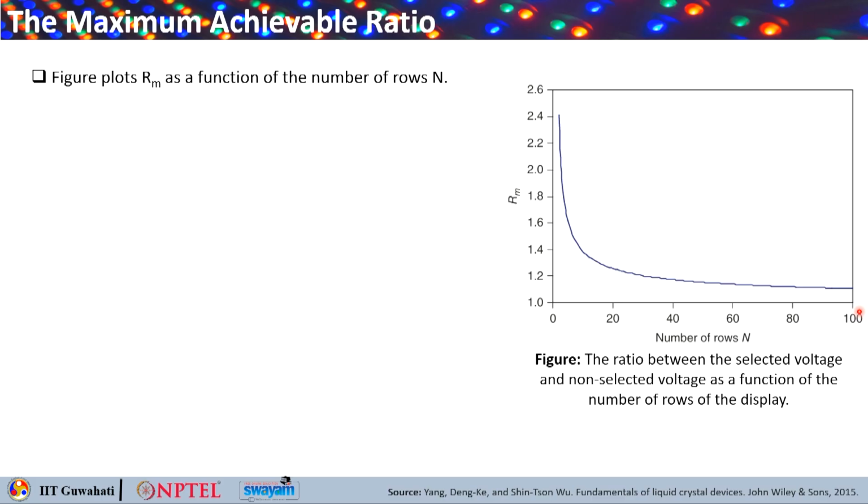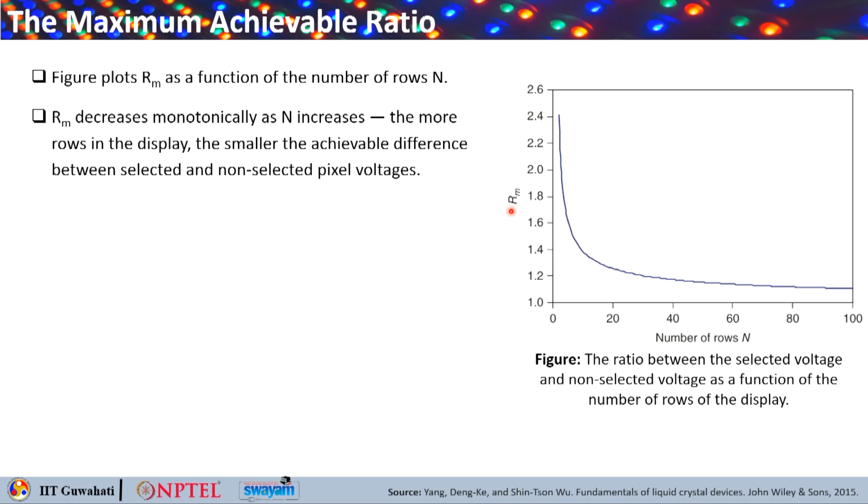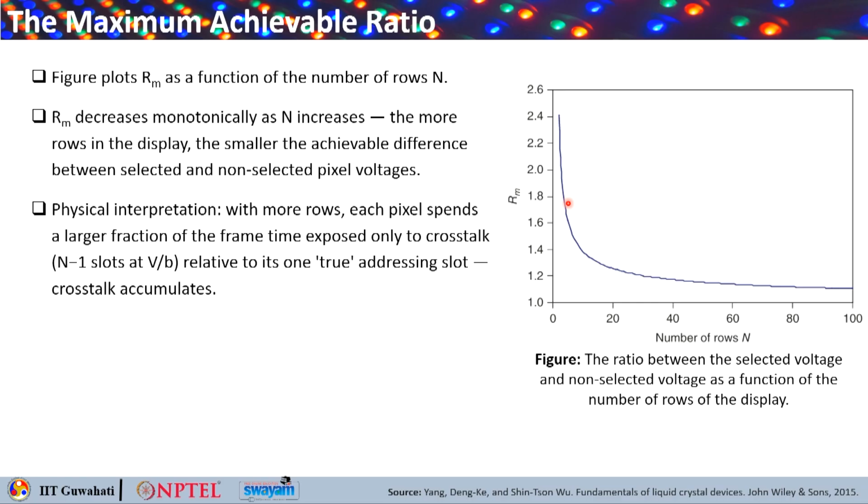If you recollect, this contrast ratio is nothing but the ratio between the selected voltage and the non-selected voltage, right? You can see the pattern of Rm. This Rm decreases monotonically as n increases. That means with more rows in the display, you will get a smaller achievable difference between the selected and the non-selected pixel voltages.